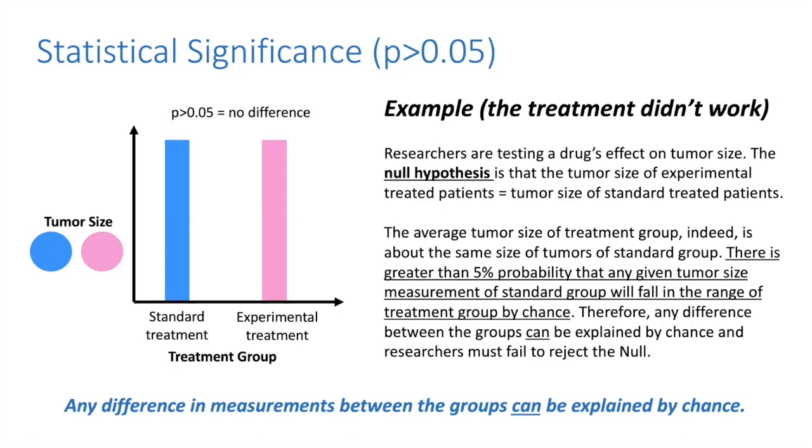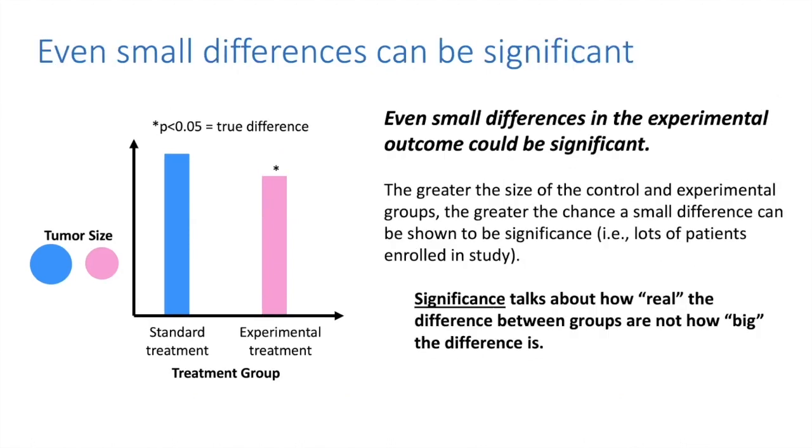There is a greater than 5% probability that any given tumor measurement of the standard group will fall within the range of the treatment group by chance. Therefore, any difference between the groups can be explained by chance, and researchers must fail to reject the null. When experiments are not statistically significant, any difference between the groups can be explained by chance, and we see that there is no difference in the tumor sizes in this example.